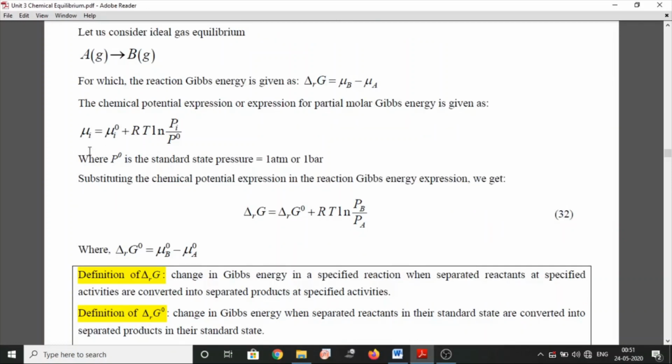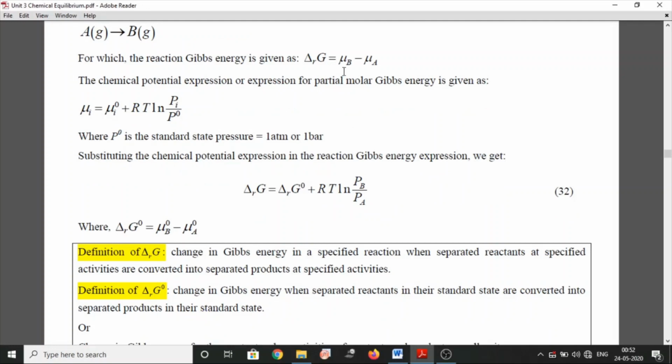Now, this expression is for the ith species, but I am considering a reaction where A is forming B. So I will replace with the chemical potentials of A and B, and substitute those in the change in free energy of the reaction.